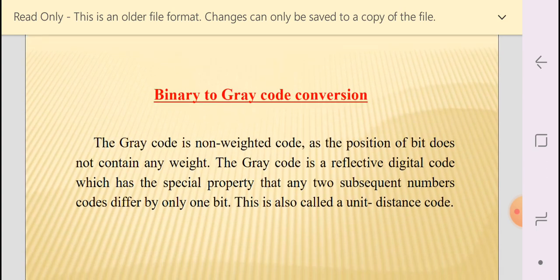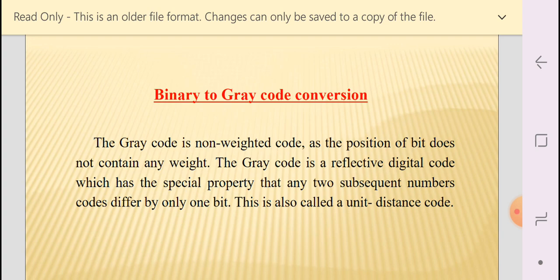So first one is binary to gray code conversion. Gray code is a non-weighted code, as the position of bits does not contain any weight, right?